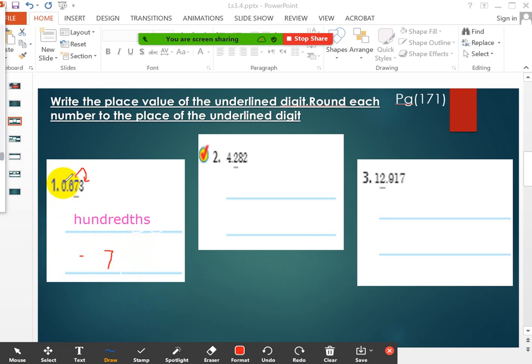What about those numbers after the hundreds? Is there any change on those numbers? Is there any change on the 6 and the number before the point? No, right? So the number becomes what?